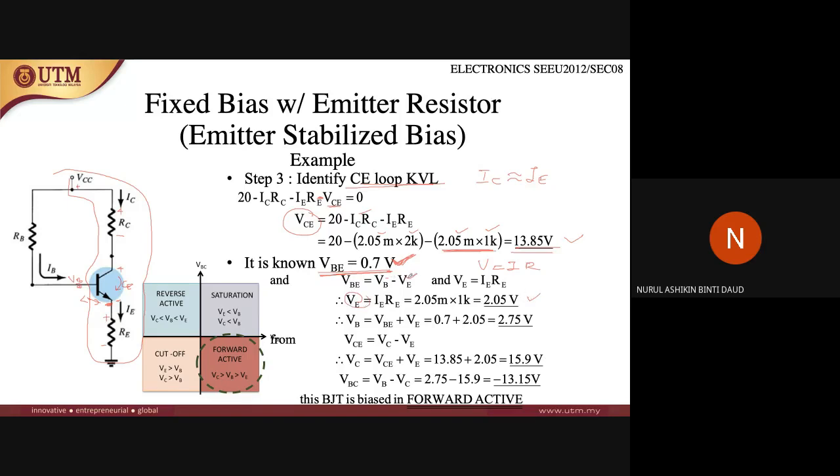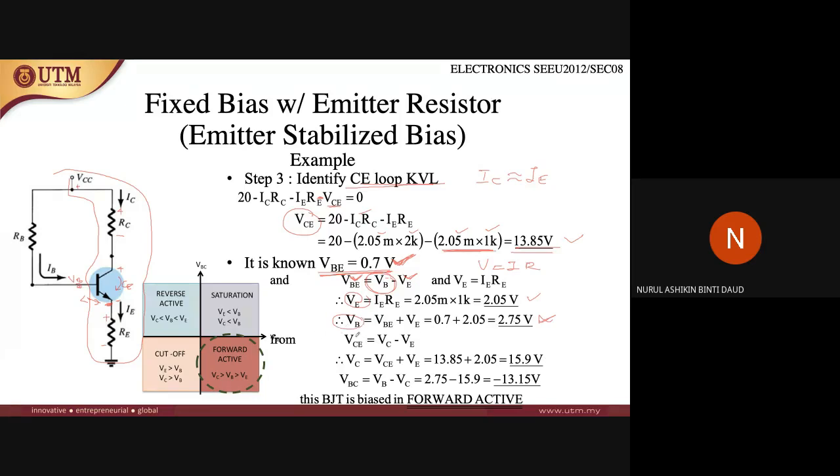Once you know VE and VBE, we can find VB. By rearranging this equation, we get 0.7 plus 2.05, so the value of VB is 2.75 volts.